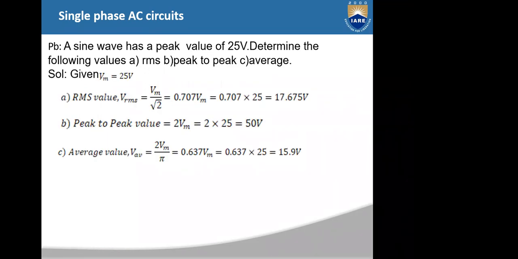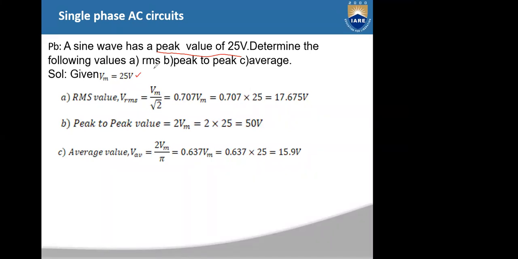The sine wave has a peak value of 25 volt. So peak value is given now. That is Vm. It's already given. Determine the following values: RMS, peak to peak, and average value.